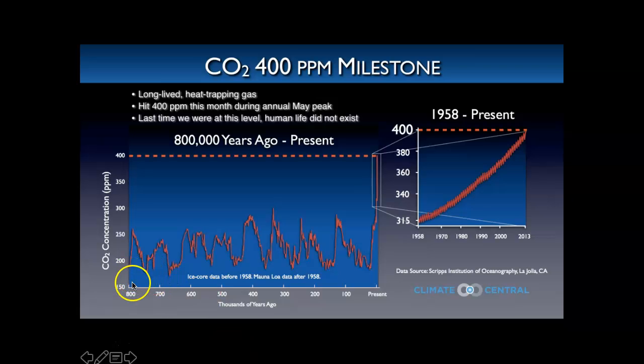So over the last 800,000 years, it looks like the amount of CO2 in the Earth's atmosphere varies over slow time scales, right? It goes up to about 250 or 300 parts per million. What am I measuring here? Parts per million. So it's not a percentage because percent literally means per 100.